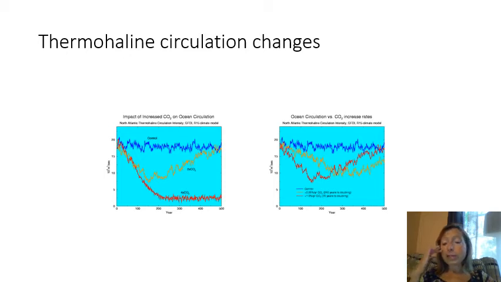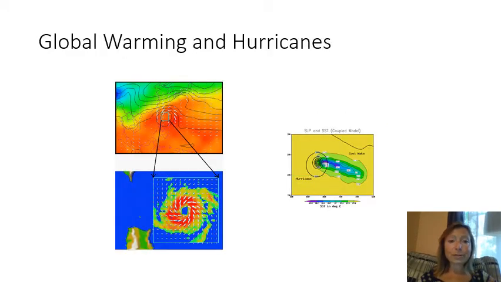And this is quite worrisome because the data in the Atlantic Ocean already suggests that the Gulf Stream is changing, it's slowing down. And so there's lots of data suggesting that as global warming progresses, we might see quite significant changes in the global system of ocean currents. And then another example is coming from the realm of the hurricanes.